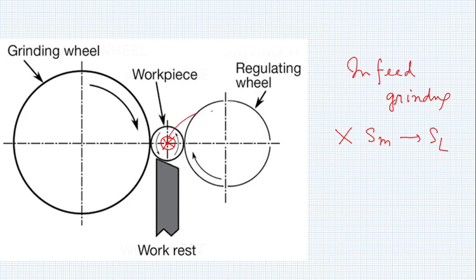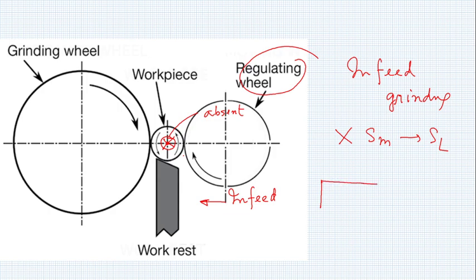This motion is absent. Only its diameter is being reduced. It is being reduced by the infeed given to the regulating wheel. There is no motion required. Why is there no motion required?